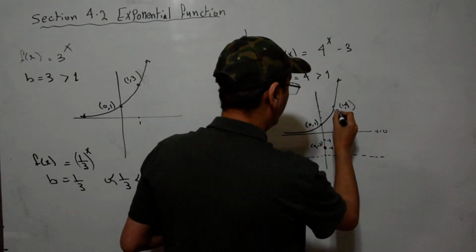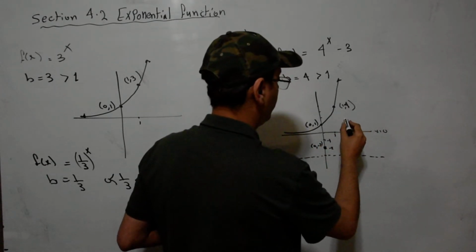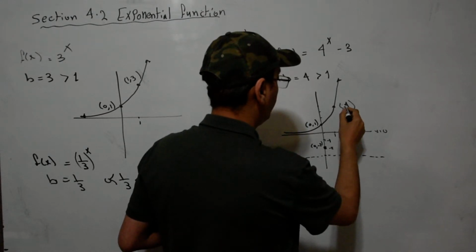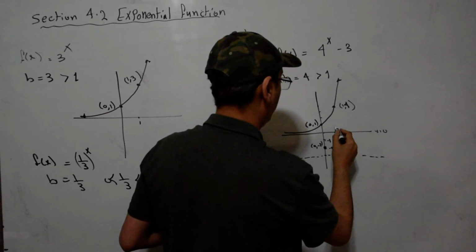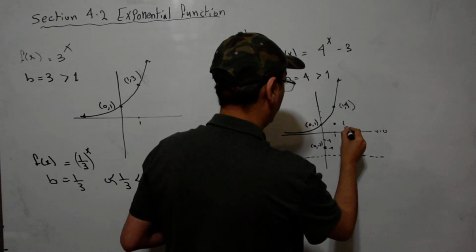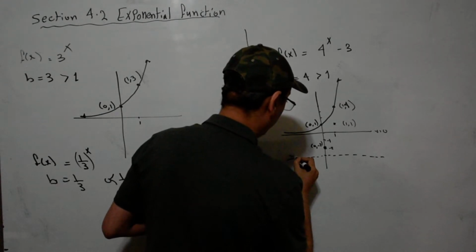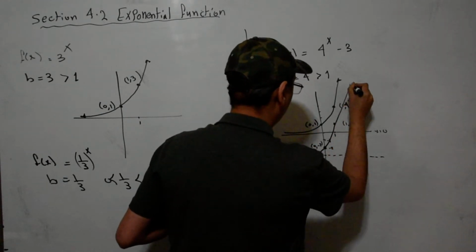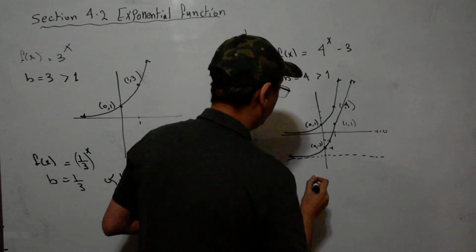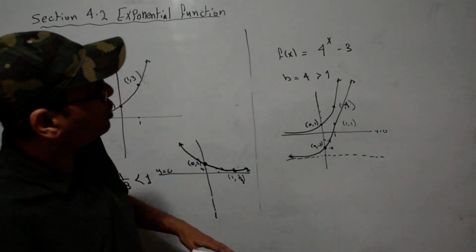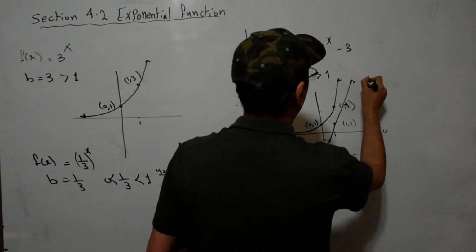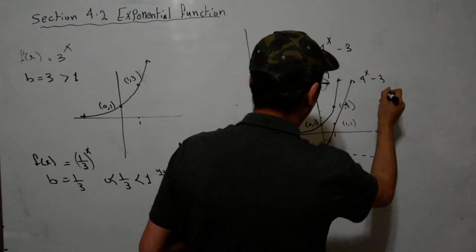And for that one also, we're going to subtract 3, so that would be 1 and 1. So here is 1 and 1. So the new function would be that way. So this is my transformed function, which is 4x minus 3.